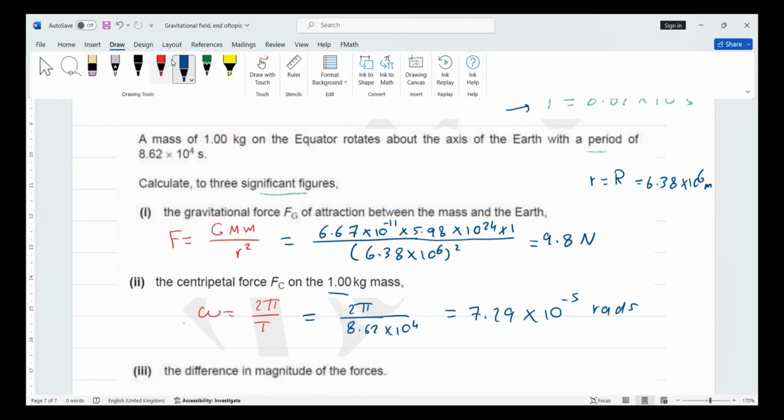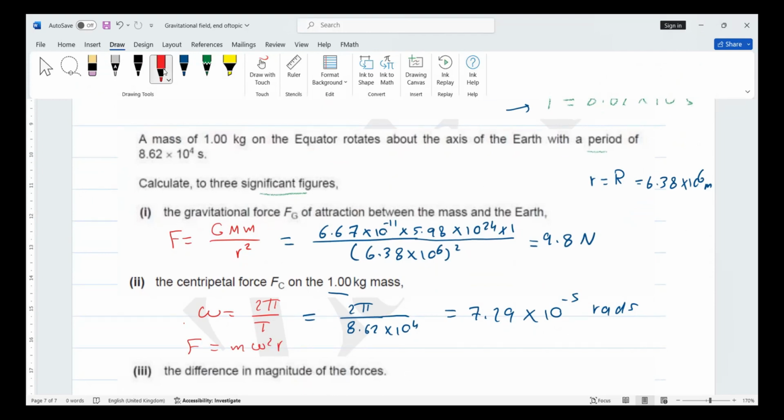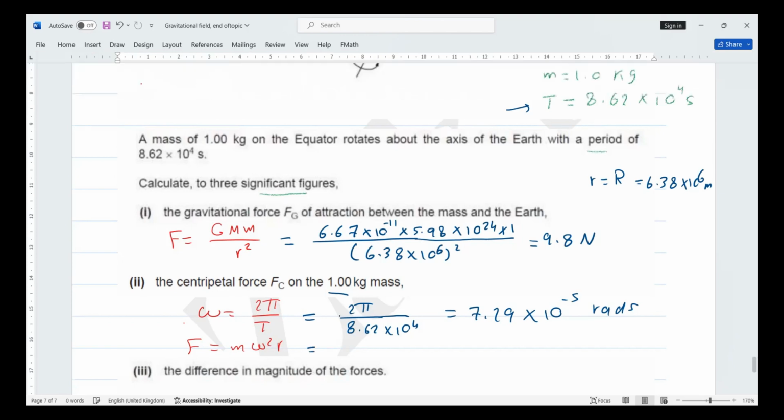Which formula do we use now? F equals m omega squared r. R is the radius here. So m is the mass, which is 1, multiply omega, 7.29 multiply 10 power negative 5 squared, multiply r, the radius of the Earth, 6.38 multiply 10 power 6.